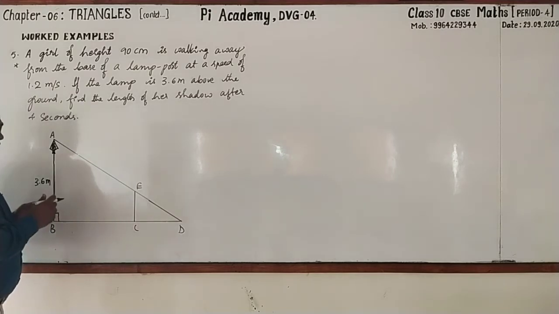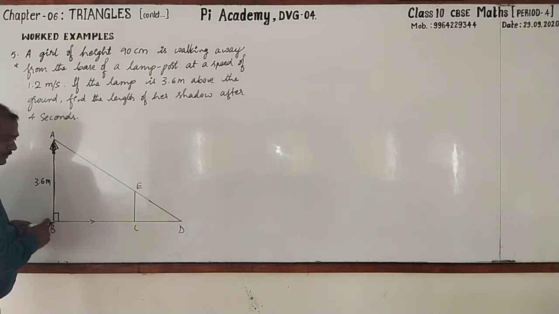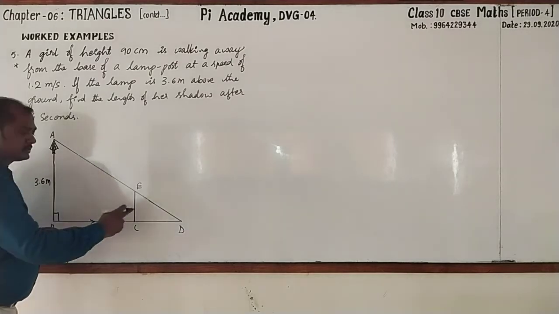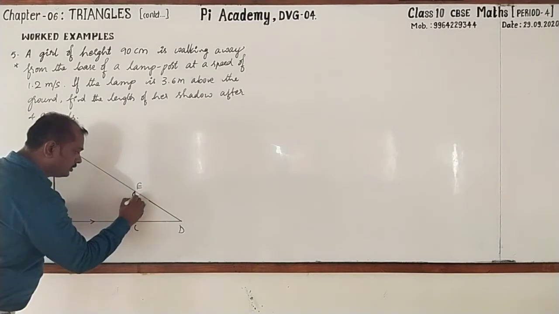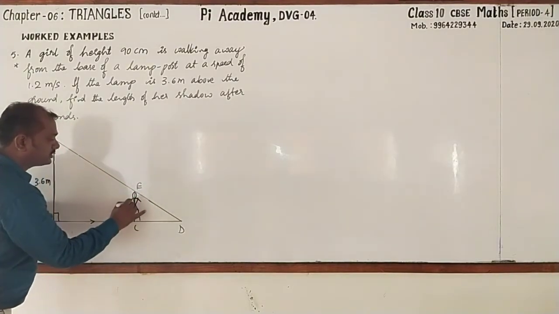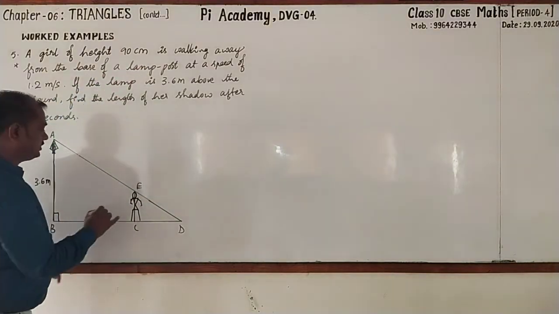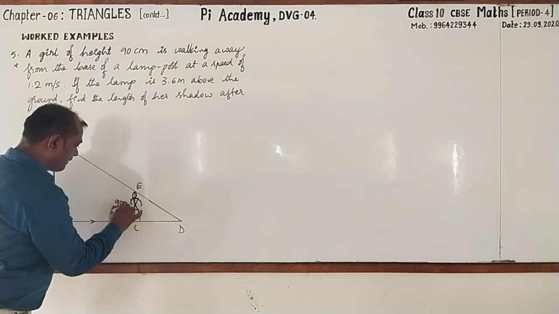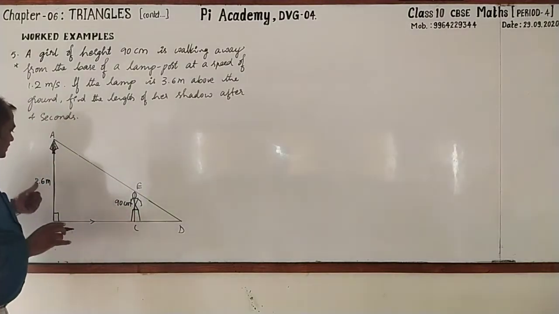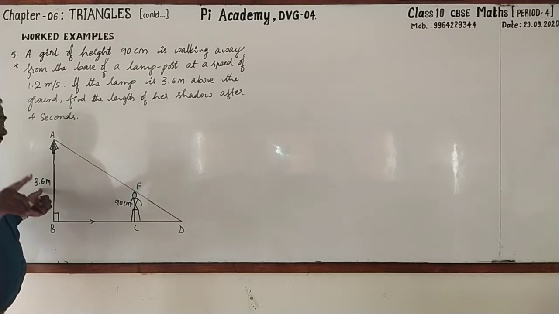Then a girl is walking away from the lamp post, from the base of the lamp post. See, from B she will start moving. So she is the girl. And what is her height? Her height is 90 centimeter. See that? Lamp post height is 3.6 meter.